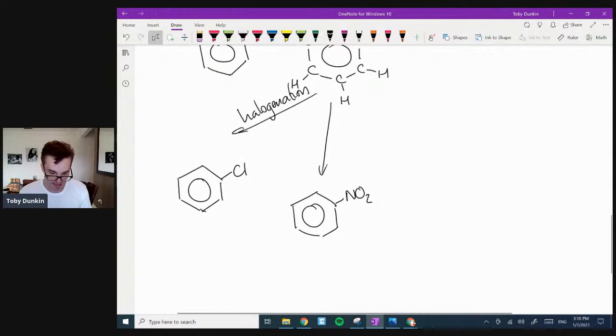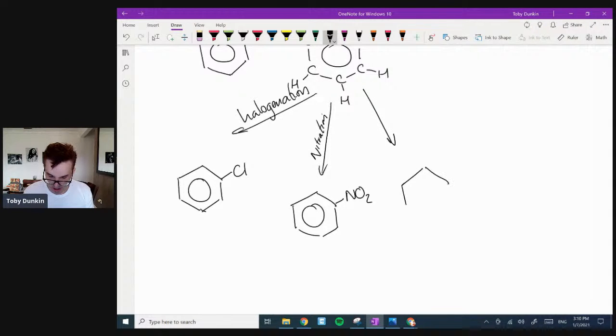This is nitration. The next thing I can do is add an alkyl branch. I could add CH3, or CH2CH3, a methyl, an ethyl or a propyl branch, any branch I like, but this is alkylation.